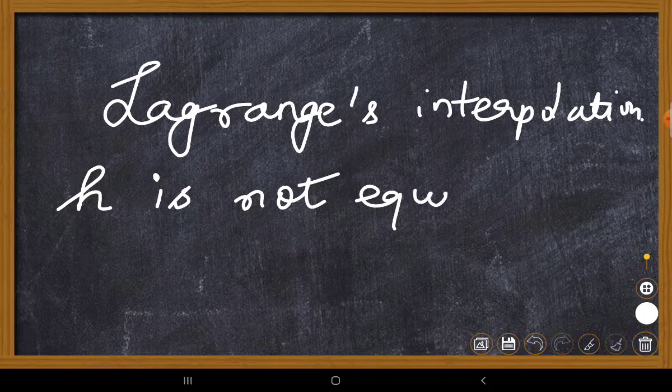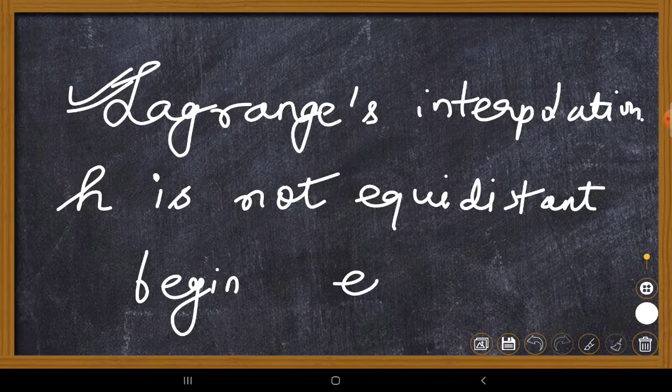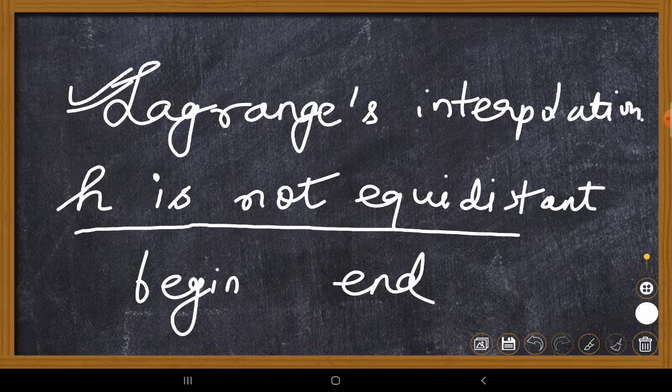Whenever you have a non-equidistant interval, you use Lagrange's interpolation formula. It does not matter whether your missing value is towards the beginning or towards the ending of the series. If your interval of differencing is not equidistant, then you use Lagrange's formula. You cannot use forward or backward.